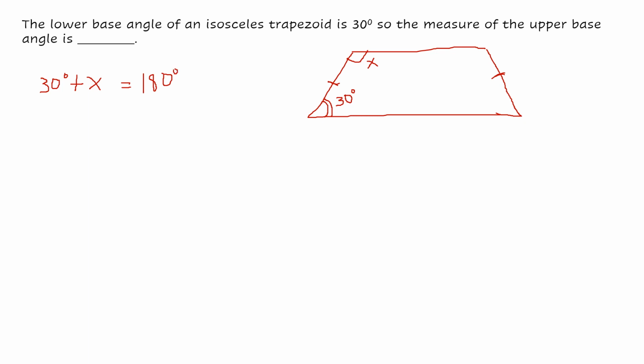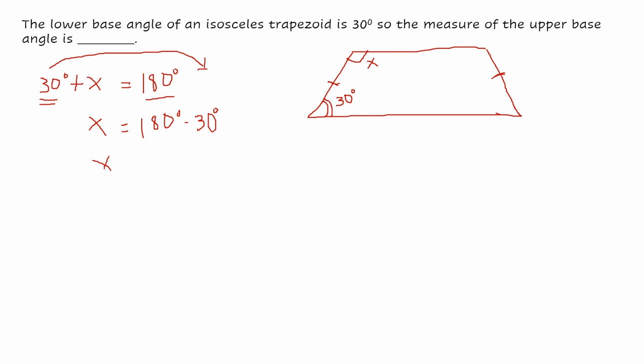But since 180 degrees and 30 degrees are similar terms in this equation, then you can just leave x alone by transposing 30 degrees to the side of 180 degrees. So you have 180 degrees minus 30 degrees.